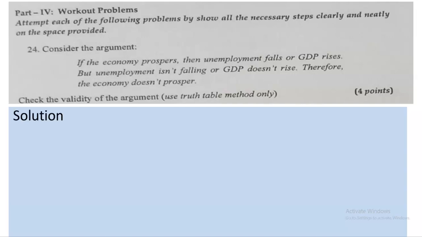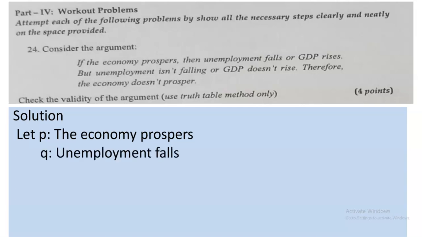First, you have to identify these statements. Let P be the economy prospers, and take Q to be unemployment falls. And then you also have another statement about GDP, R: GDP rises. Look, everything is now written.